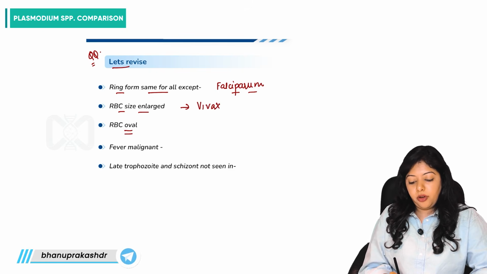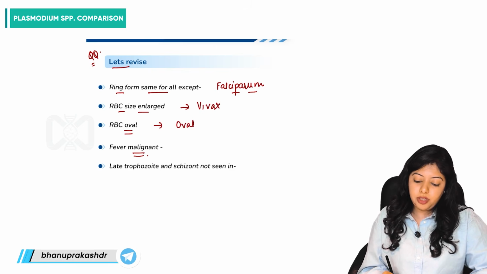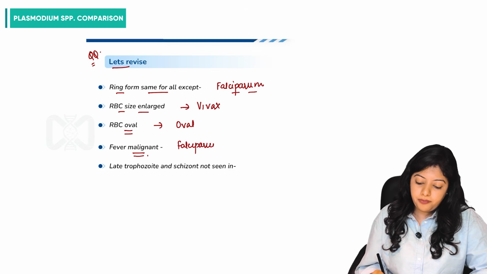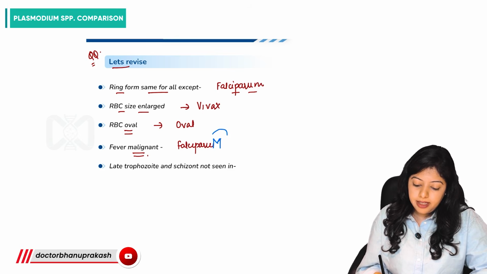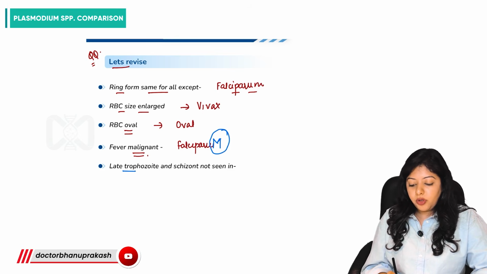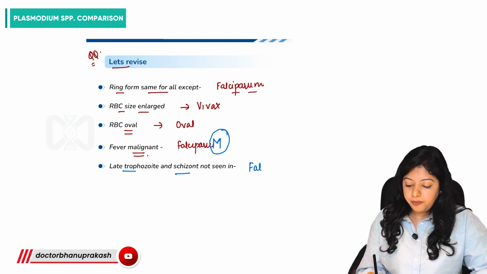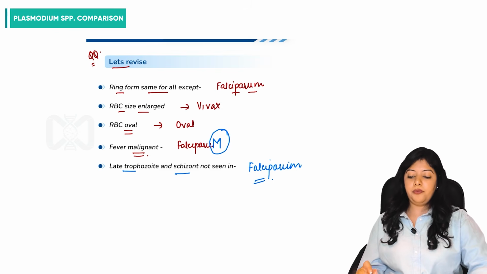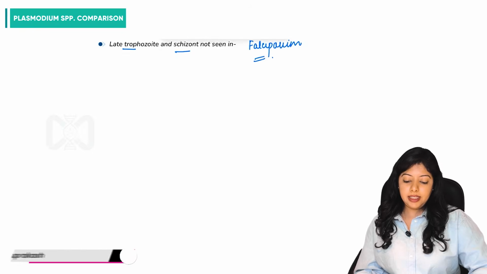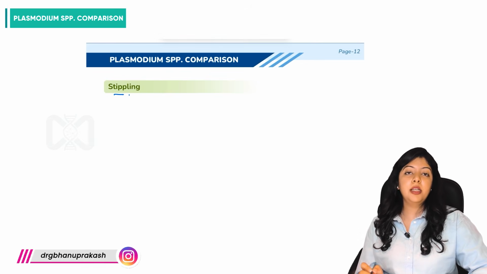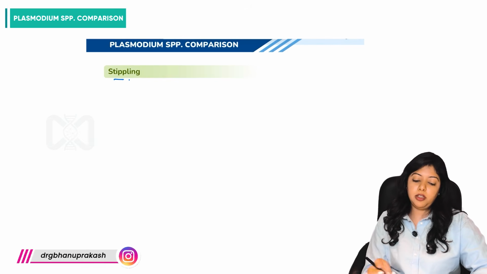RBC is oval for ovale, and malignant pattern of fever is seen for falciparum. Falciparum, malignant, right? Late trophozoite and schizont are not seen in falciparum, right?